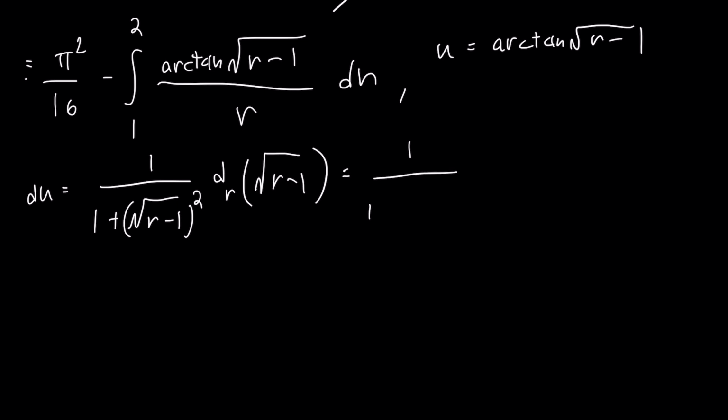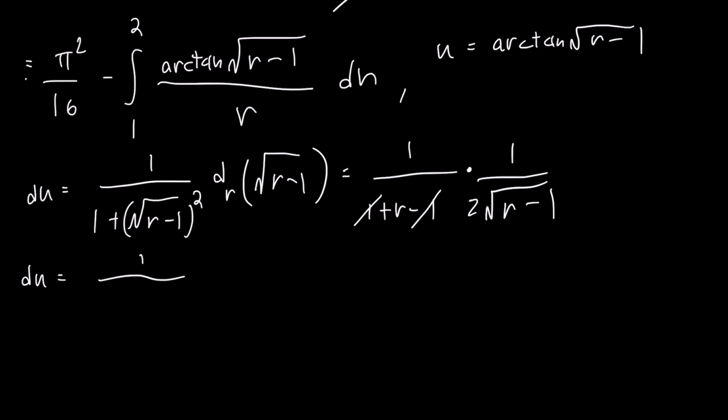We'll have 1 over 1 plus r minus 1 times 1 over 2 times the square root of r minus 1. As you can see, these ones will cancel. So we have that du equals 1 over 2r square root of r minus 1. And dv will equal 1 over r, so that v equals the natural log of r.